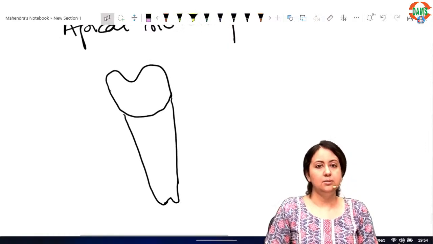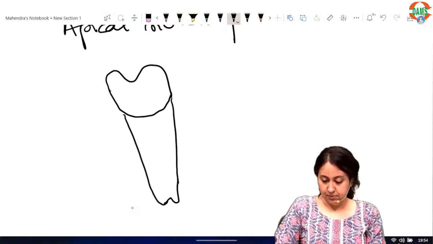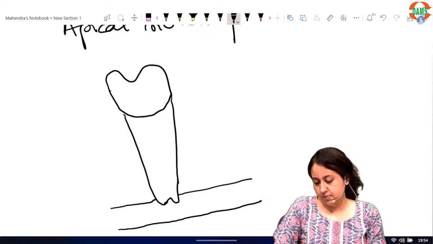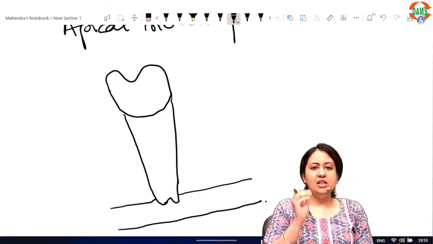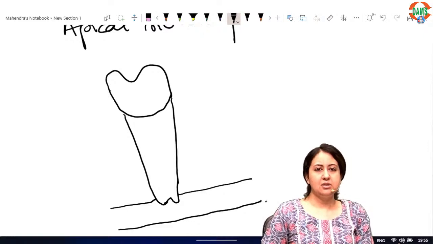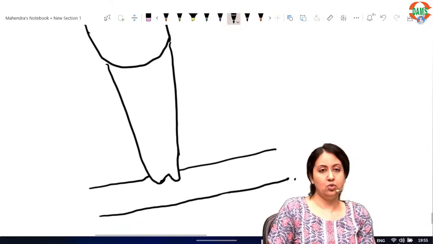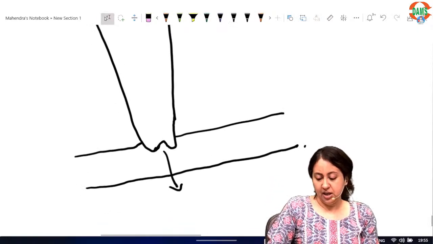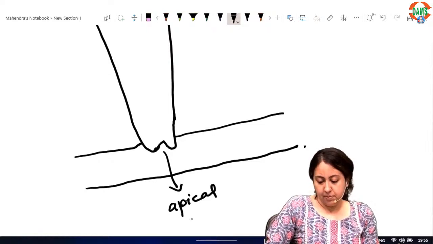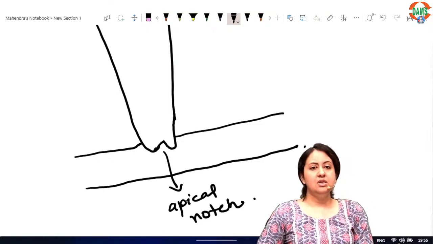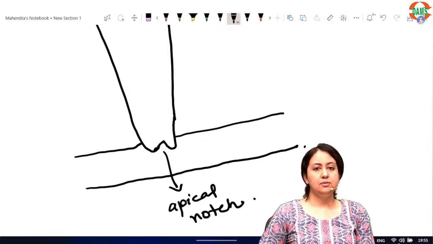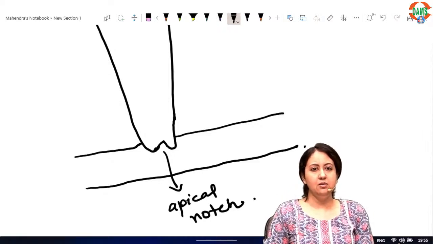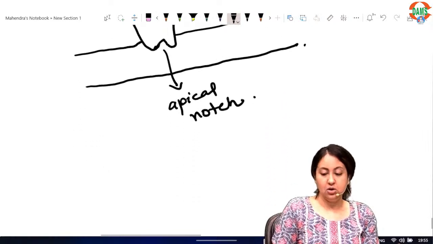I'm going to zoom out so that you can appreciate. If you see carefully, there will be a very small notch at the apex of the root. The area in the center is the apical notch. There will be a small indentation at the root apex. This is your apical notching.